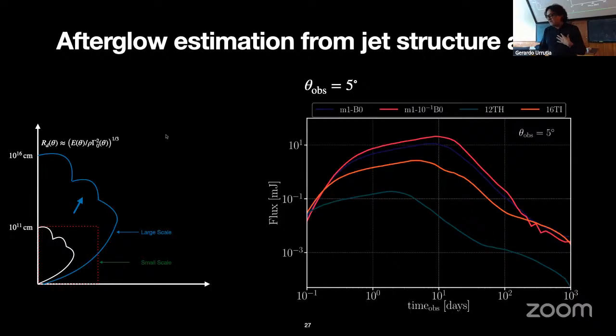So we use the Blandford-McKee model here and the synchrotron standard model for GRBs. We assume that the distribution of the energy and the material is the same after this region, just a similar evolution.